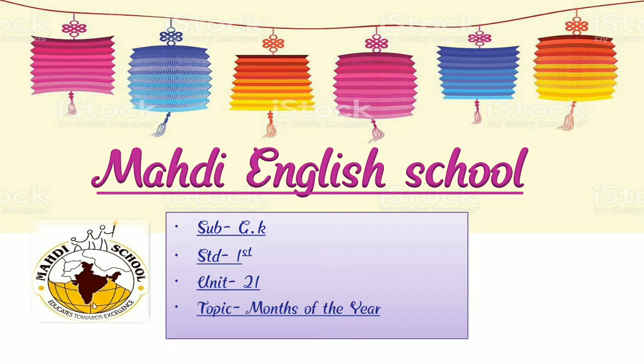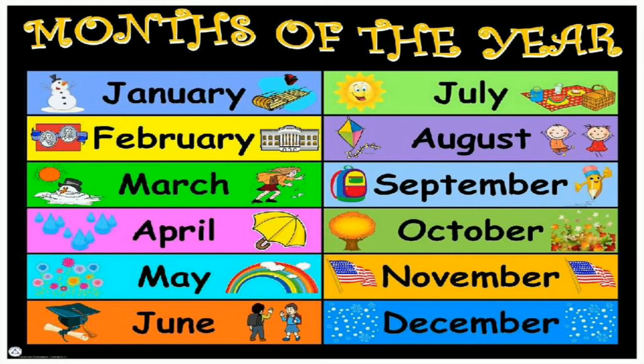Students, today we are going to learn GK unit number 21, and our topic is months of the year. So now let's learn about our topic, months of the year.